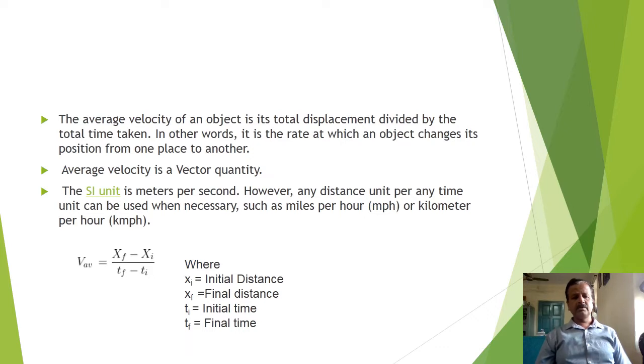Therefore, V average is equal to xf minus xi divided by tf minus ti, where xi stands for initial position at time ti, and xf stands for final position at time tf.